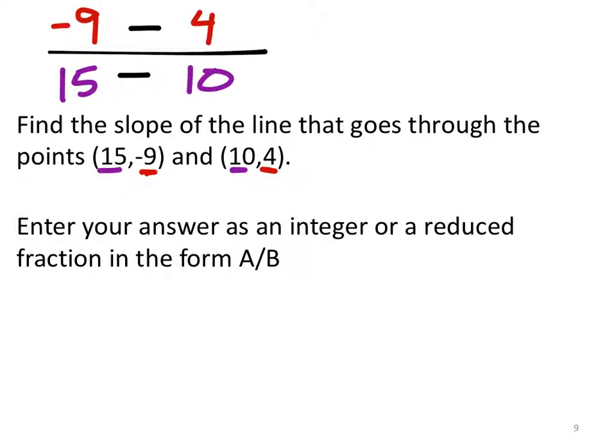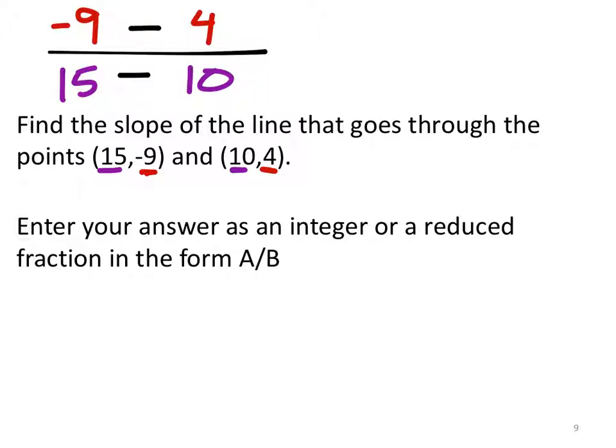Now we have to be careful with the way these are set up, especially when we're not using a graph, okay? Notice the negative 9 and the 15 in the fraction are in the same position in this subtraction problem, okay? It's the first number for each. And the 4 and 10 are also positioned directly above and below each other, with the y values being above and the x values beneath.